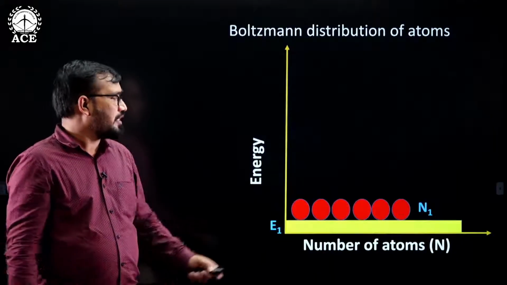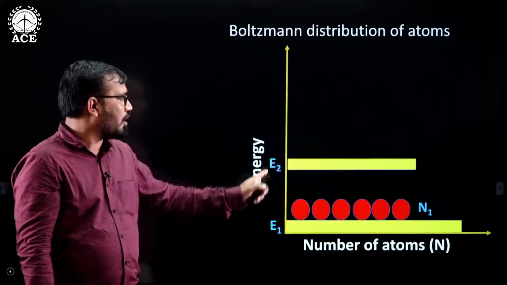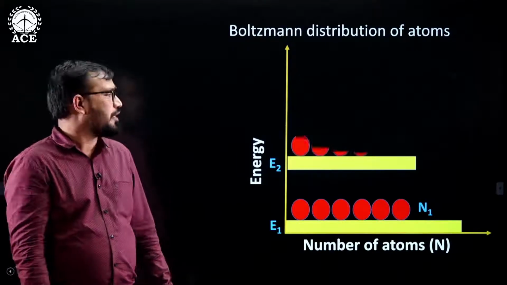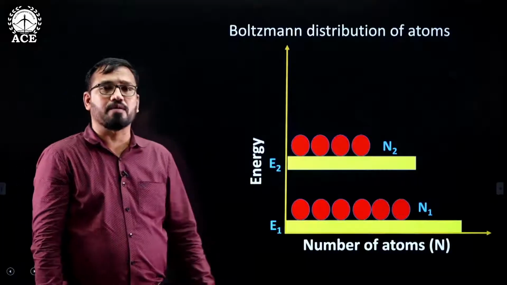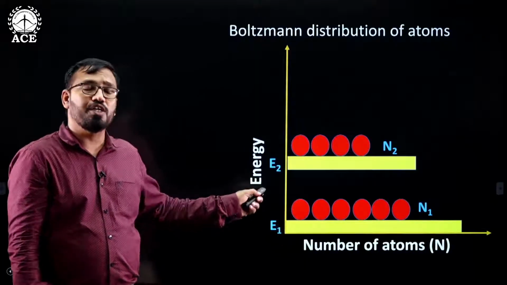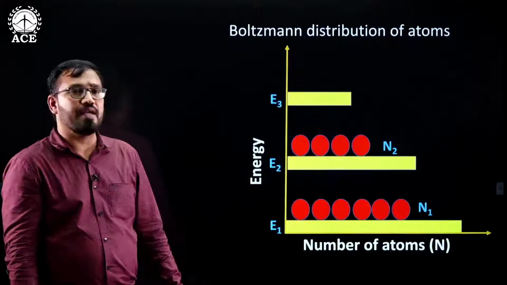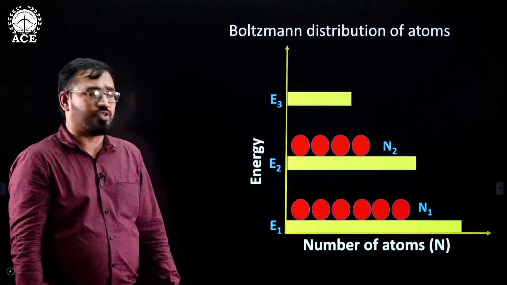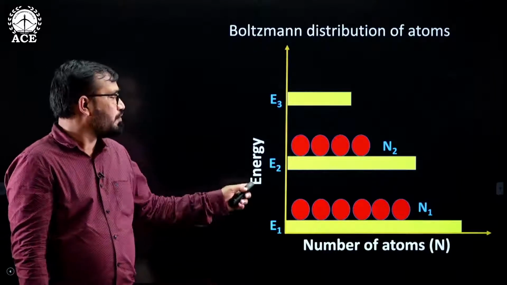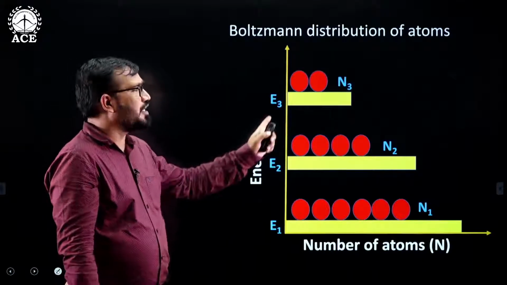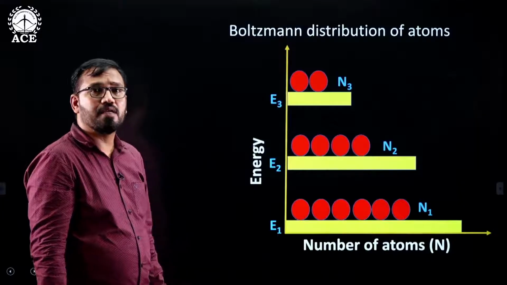Above this level, you will have one more level called E2. How many atoms will be there in E2? See here, 4 atoms. The number of atoms present in the E2 level is called N2. Next, you have one more energy level, E3, the higher energy level. How many atoms are there in E3?